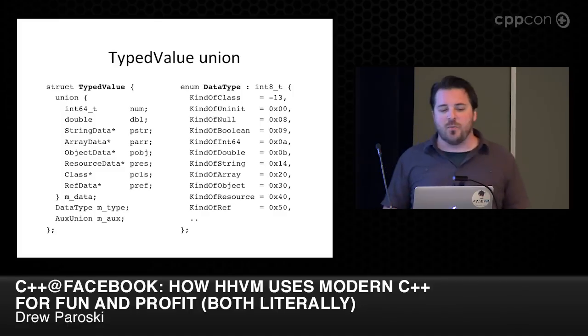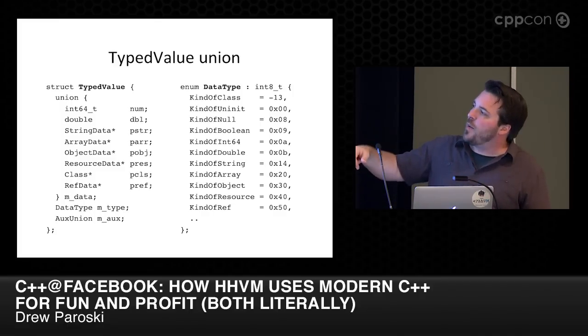In this case, we ended up using a type tag, which is right after the union. It's called data type, and we have the data type enum here on the right, so you can see. The type tag basically tells us which member of the union is valid. And very few languages have a feature like unions that's essentially free. So just having this kind of power was really useful.